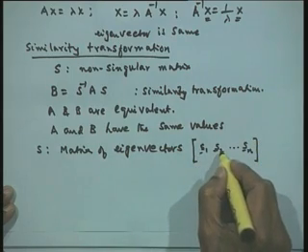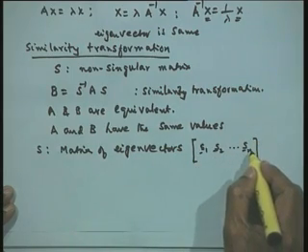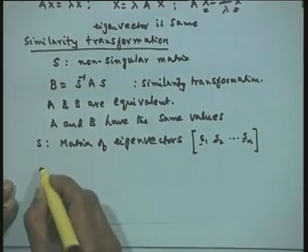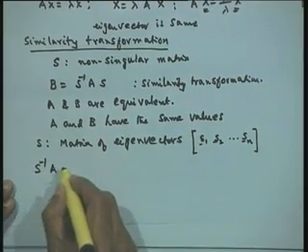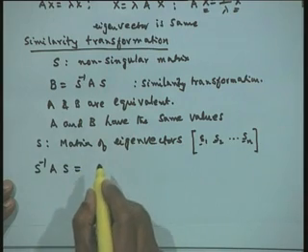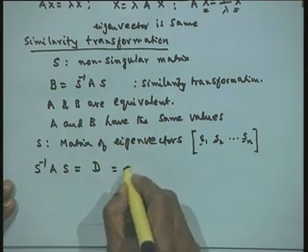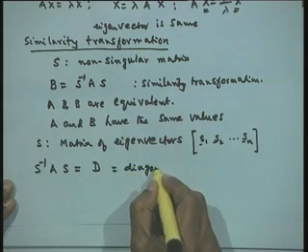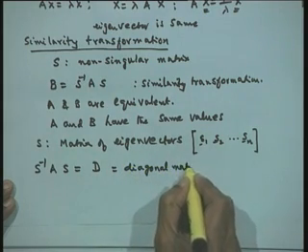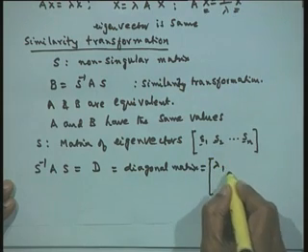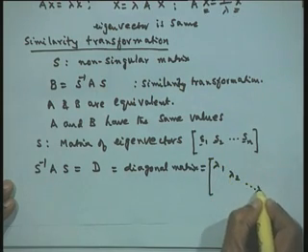S1 is the first column vector, S2 is the second column vector, Sn is the nth column vector. Then S inverse A S would always reduce to a diagonal matrix, and the eigenvalues are placed on the diagonal.